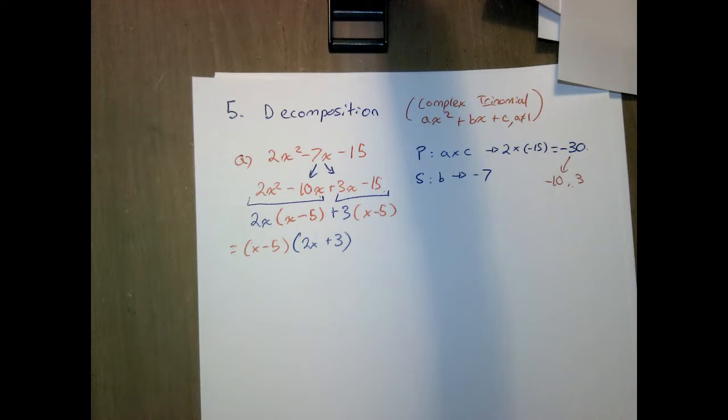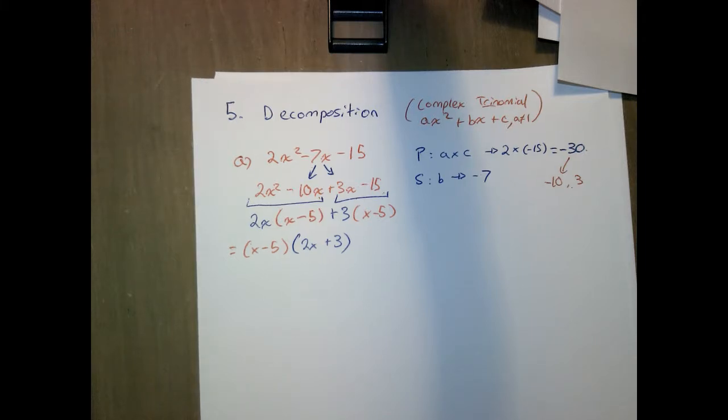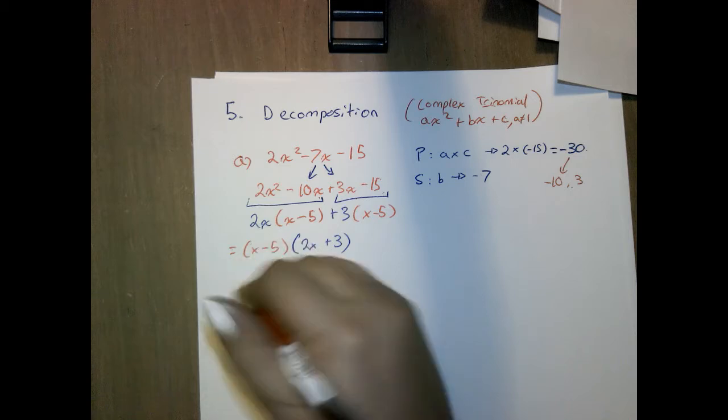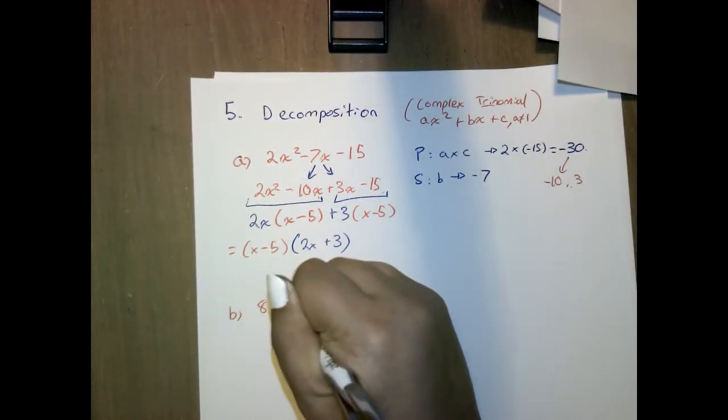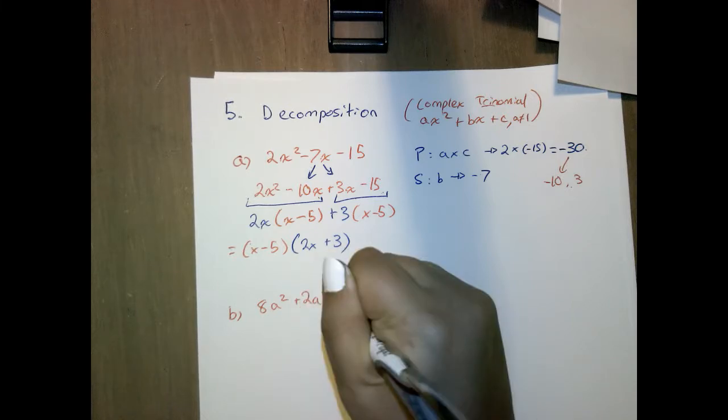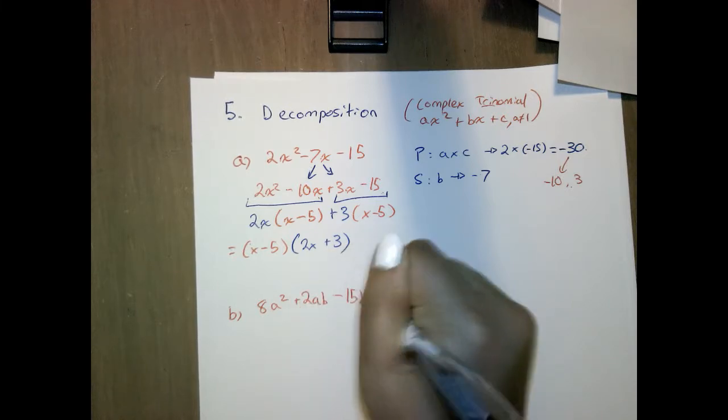Let's have a look at an example that's a little bit more complicated. So let's look at an example here of 8a squared plus 2ab minus 15b squared.